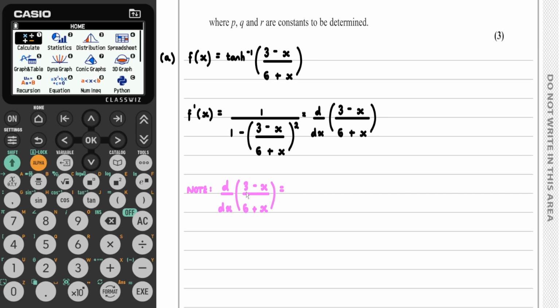We have u, which is 3 subtract x, and v, which is 6 plus x. And so we have v, 6 plus x, times u dash, negative 1, subtract u, 3 subtract x, times v dash, which is 1, divided by v, 6 plus x, squared.